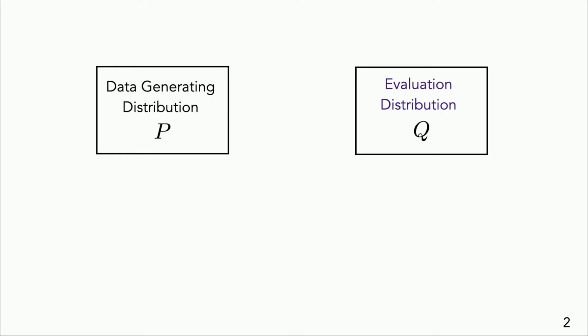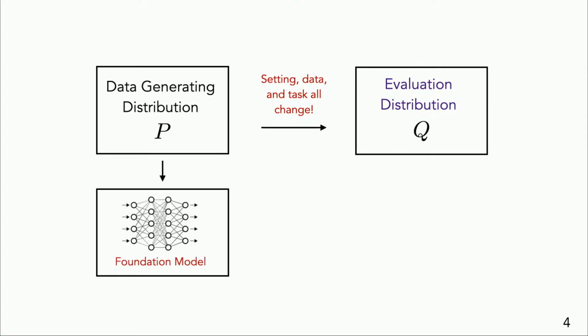We have some data generating distribution P and some evaluation distribution Q, which may or may not be the same as P. And we're learning something from P, and then we're trying to evaluate it on Q. And most recently, we're not doing that with just a simple machine learning method, but we're training something that seems to be somewhat more ambitious than a simple machine learning model for a particular task. And that's what we call a foundation model.